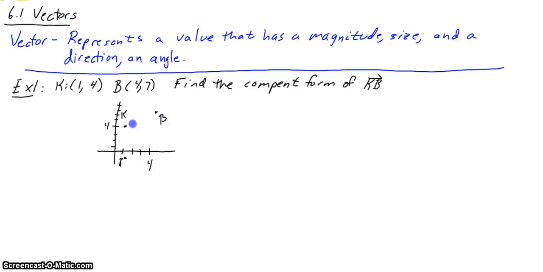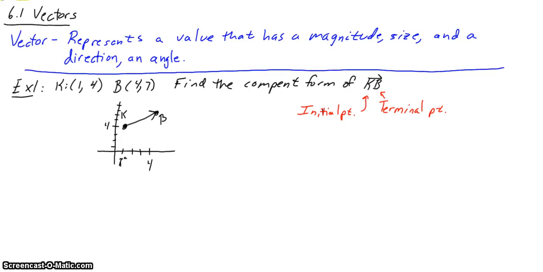So that vector starts here, ending here. So when we're looking at a vector, because of the direction, we have an initial point, and a terminal or ending point.